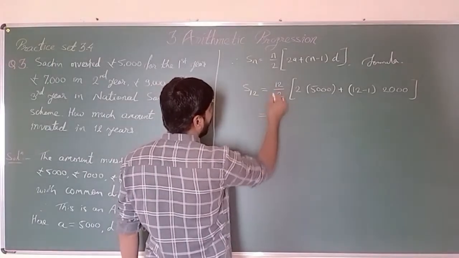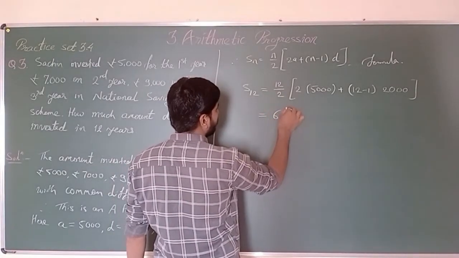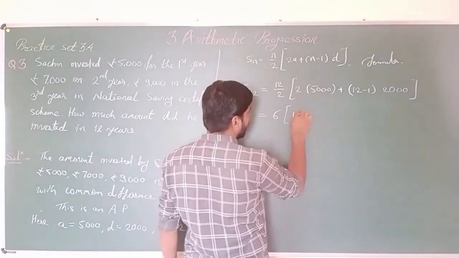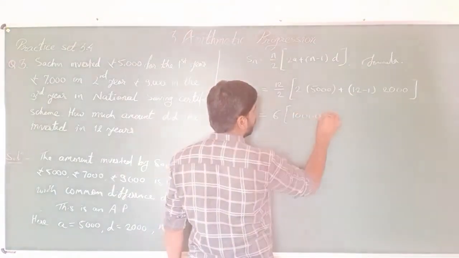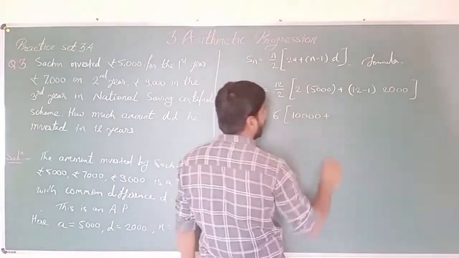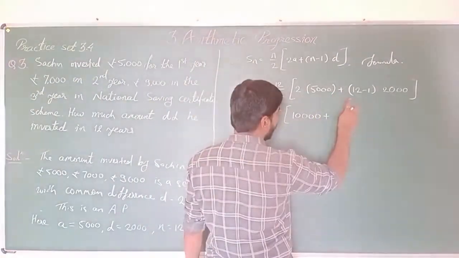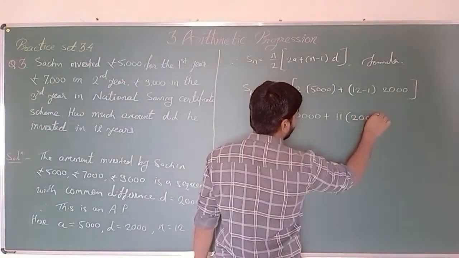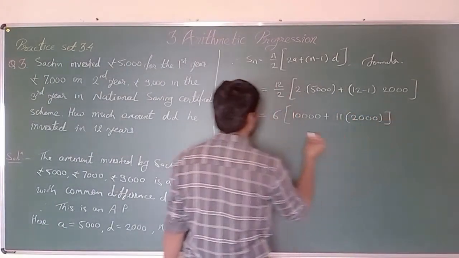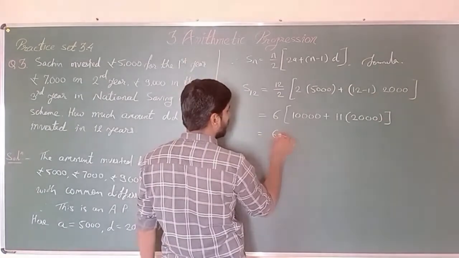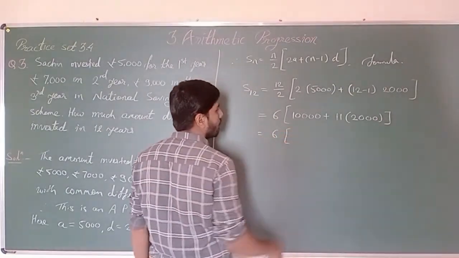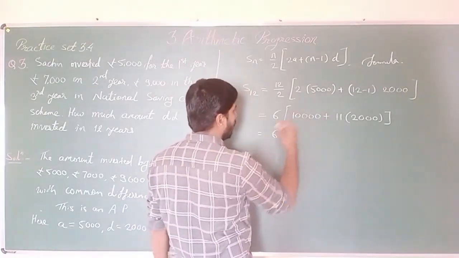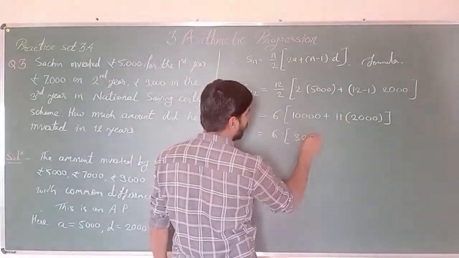This is equal to half of 12, that is 6, twice of 5,000, that is 10,000, plus 12 minus 1, that is 11, into 2,000, which is equal to 6 times twice of 11,000, that is 22,000 plus 10,000. So this will become 32,000.